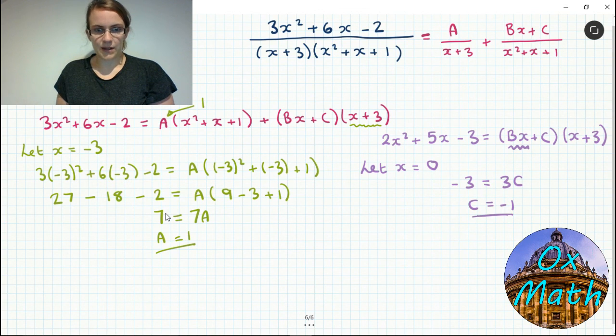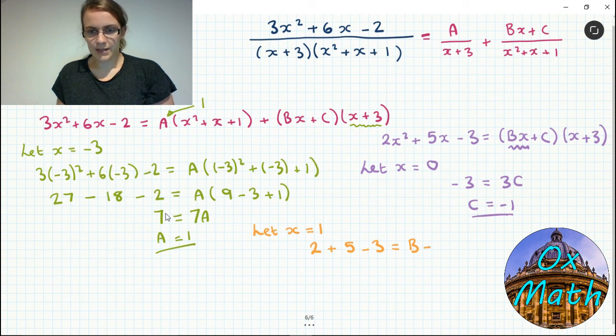So the easiest value is going to be x equals 1, because I've already used x equals 0. So 2 times 1 squared is 2, plus 5 times 1 minus 3 equals (Bx plus C), so 1B plus C, which is minus 1, multiplied by 1 plus 3, which is 4. So 4 equals (B minus 1) times 4.